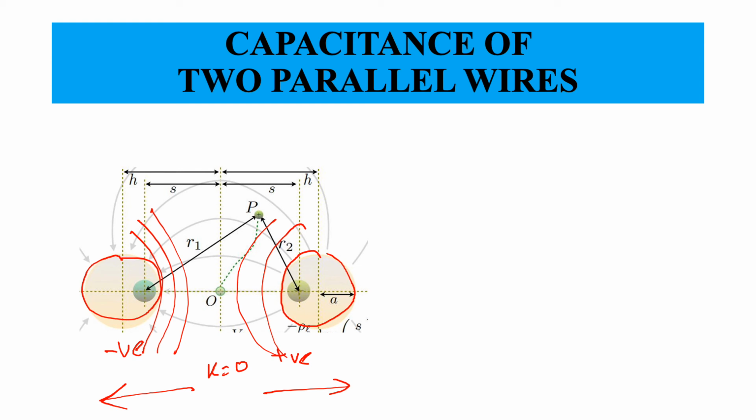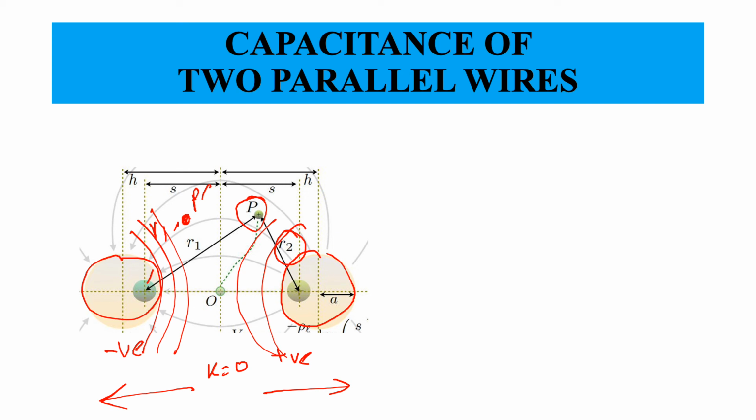Having done that, I still need to find the potential difference between the two, and from there calculate the capacitance. So let us pick a point P over here, at a short distance R2. I will pick another corresponding mirror point, P prime, where the distance is R1.